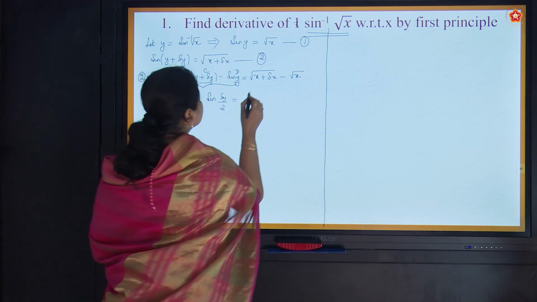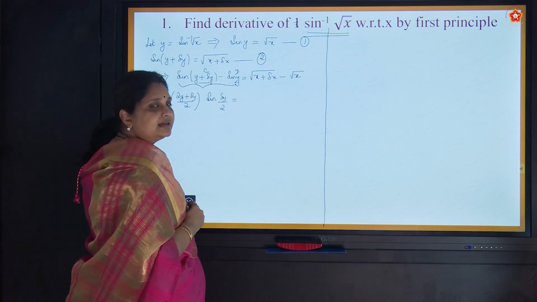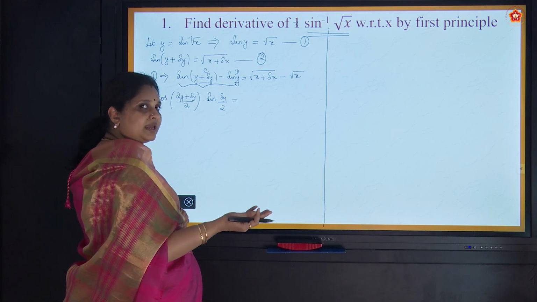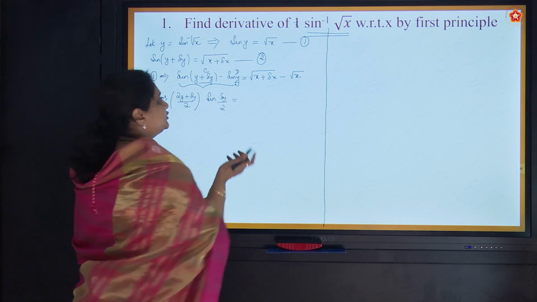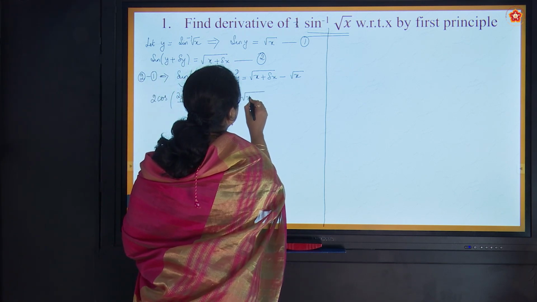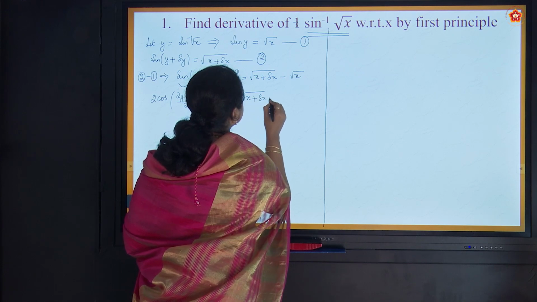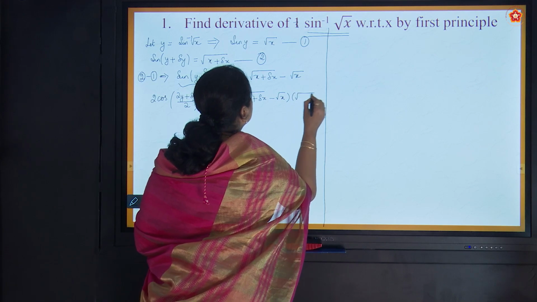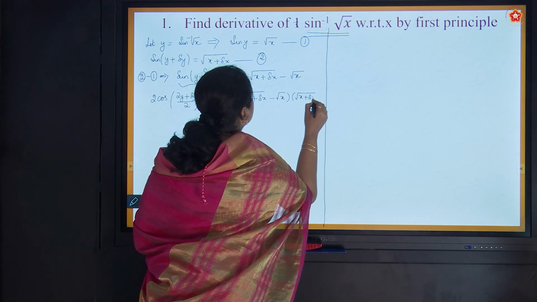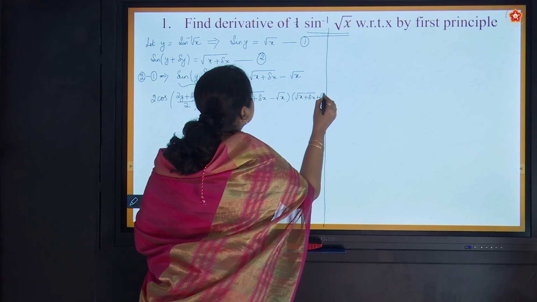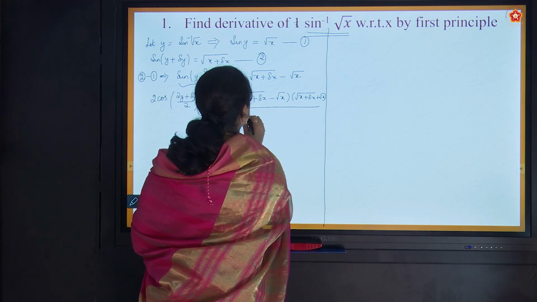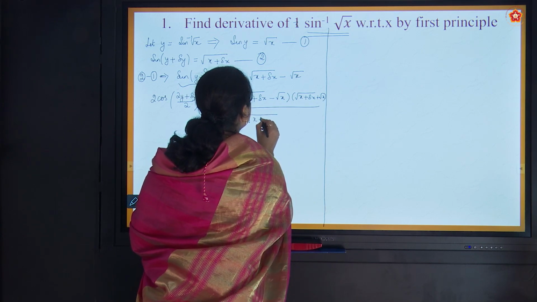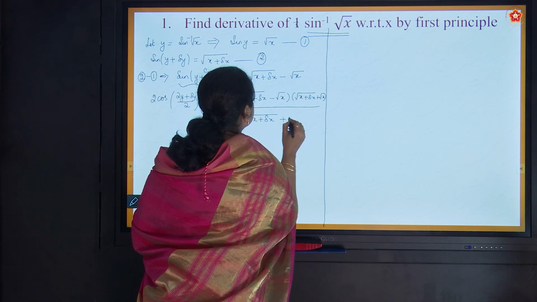And this is equal to, on this side I can see that it is an irrational number. All that I know is to multiply by its conjugate. Let's try doing that also. So, root of x plus delta x minus root x, I'm going to multiply and divide by the conjugate, root of x plus delta x plus root x.